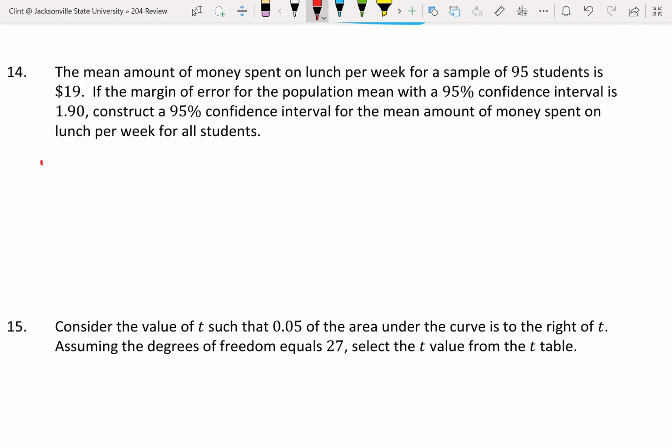Because step 1, we need the sample mean. What's our sample mean? Yeah, $19. Step 2, we need the margin of error. This one gives us the margin of error. It's just wordy about it. It says if the margin of error for the population mean, blah, blah, blah, is 1.90. So E here is 1.90.